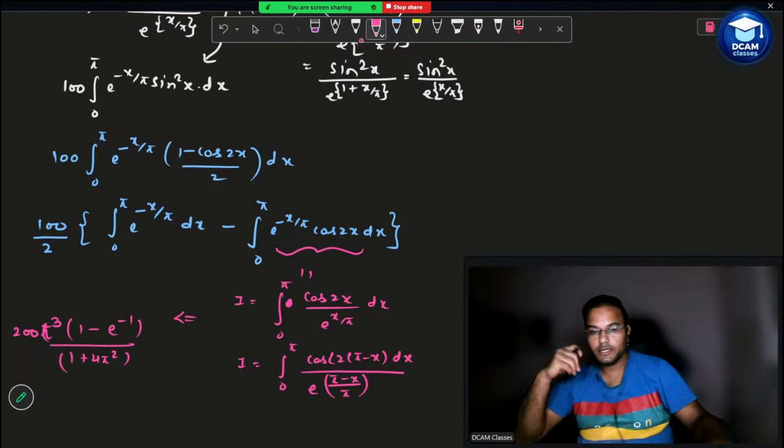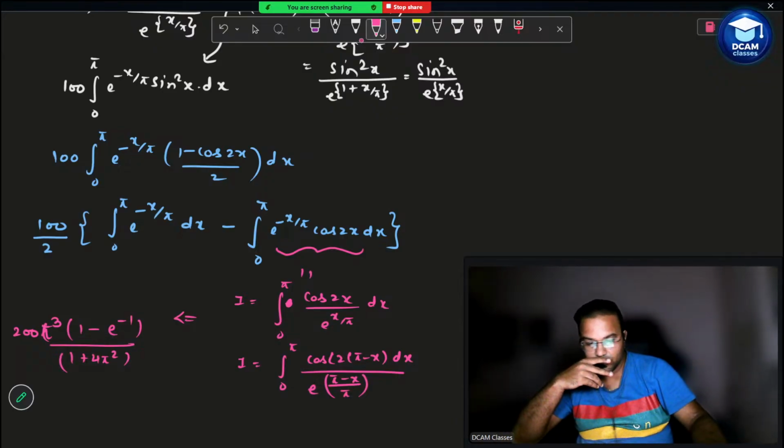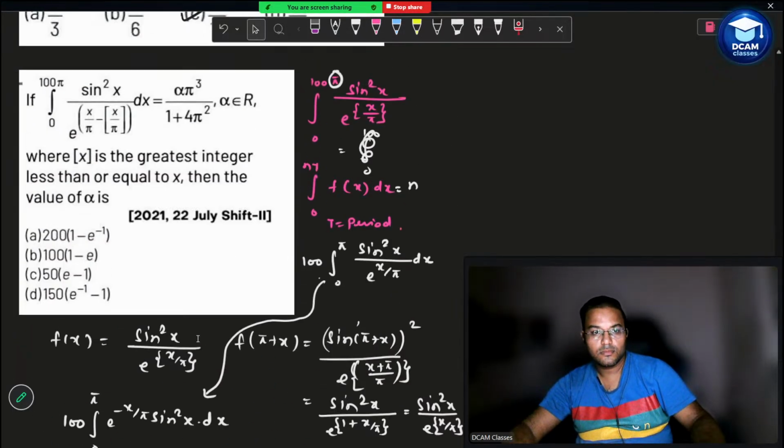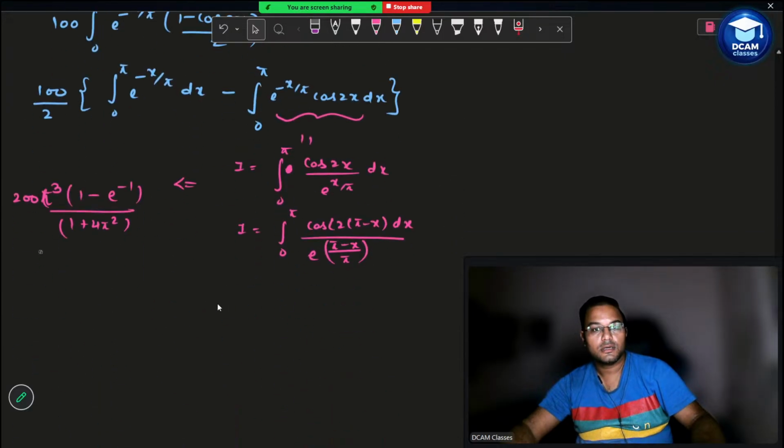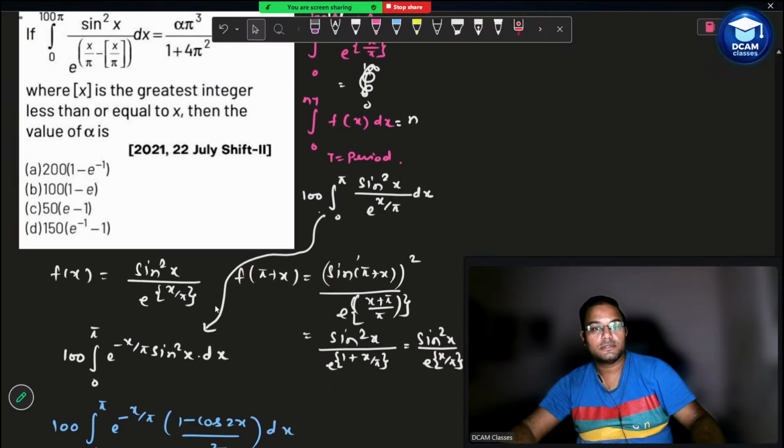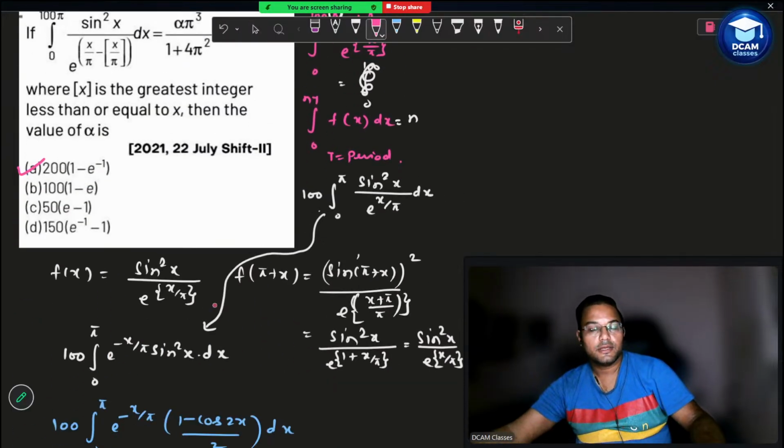No, you should not get it. But they ask some alpha values in the question. Acha, alpha pi cube by 1 plus 4 pi square. So alpha is 200 into 1 minus e power minus 1, yes. Correct only. Very good.